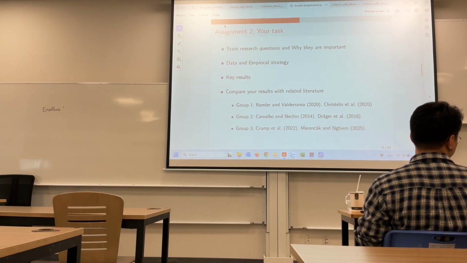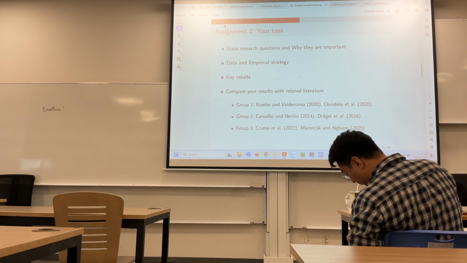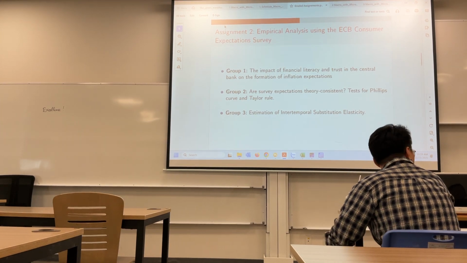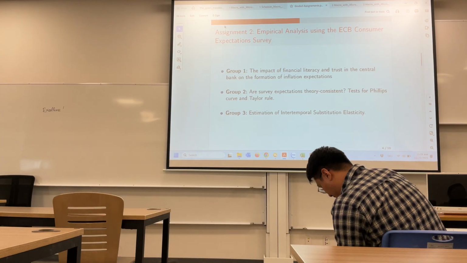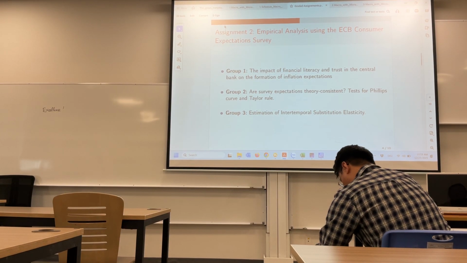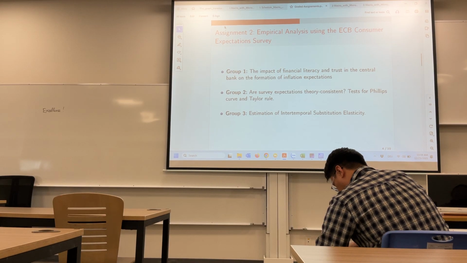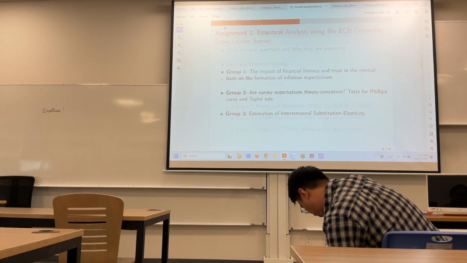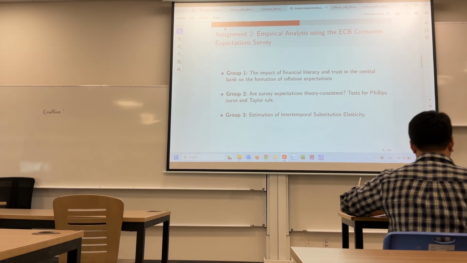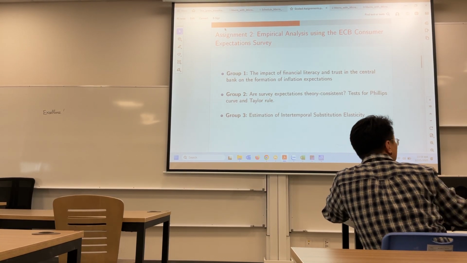And for the data, we all use the survey of consumer expectations, but each group will use different questions in the survey, right? So you have to match what the key question is that you want to use from the survey data. You can show the exact wording of the question regarding financial literacy, for example, or how to measure trust in the central bank.